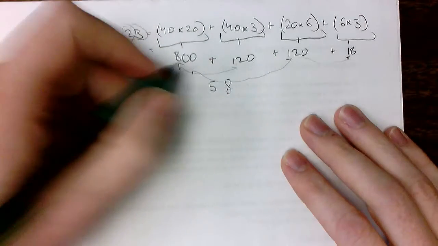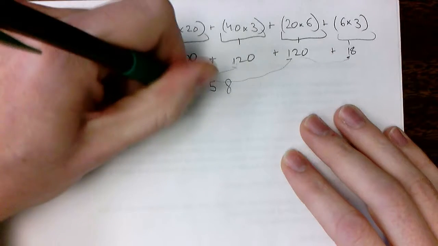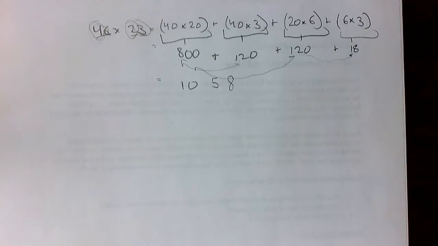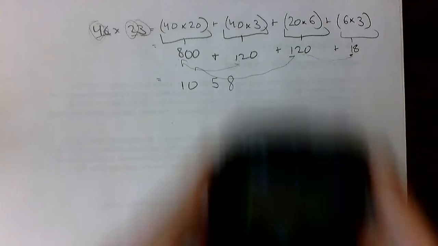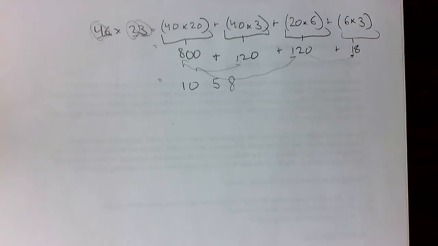So we have 8 plus 800 plus 100 plus 100, so that's going to be 1058, which, if I break out my calculator, and my calculator is dying, alright, good to know, 46 times 23, we end up with 1058, which is exactly what we got there.